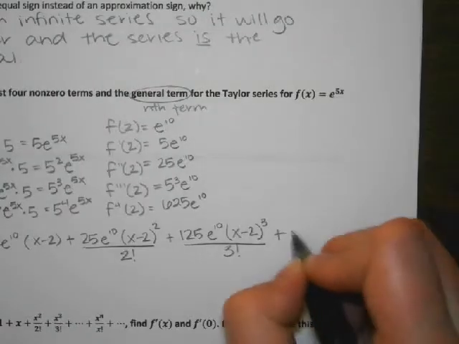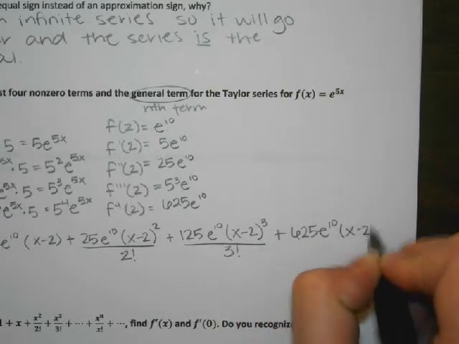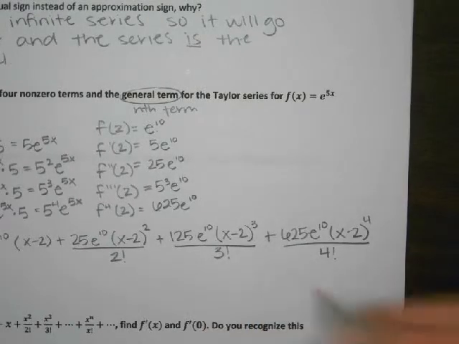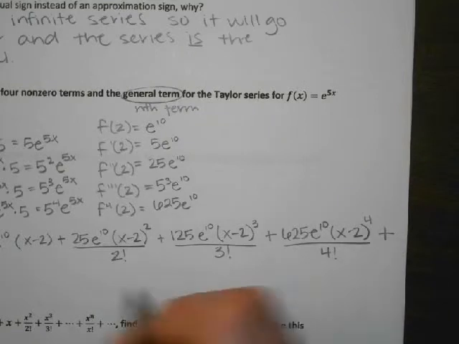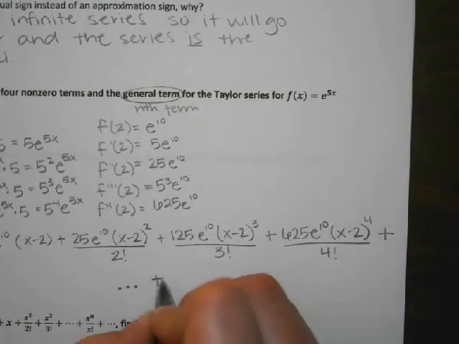Plus, okay, and then here's how it looks a little different when we do it for a series as opposed to a polynomial, okay? We're going to say plus, and then we're going to do dot, dot, dot to get to our general term, okay? So I've got plus.